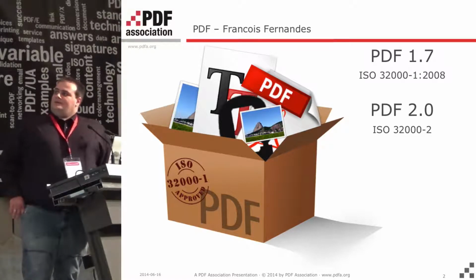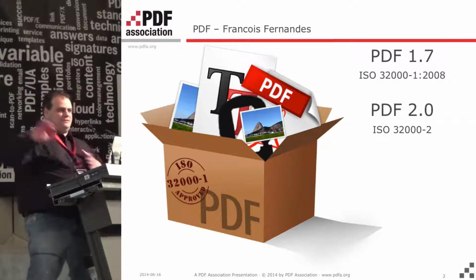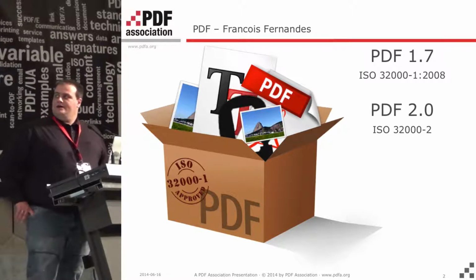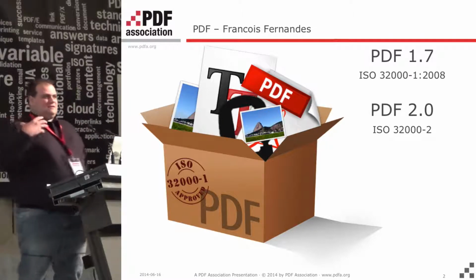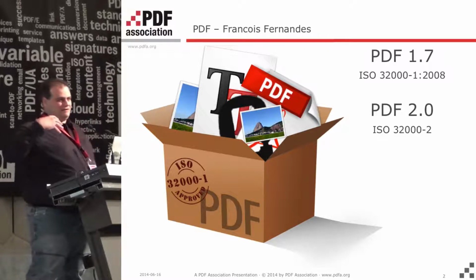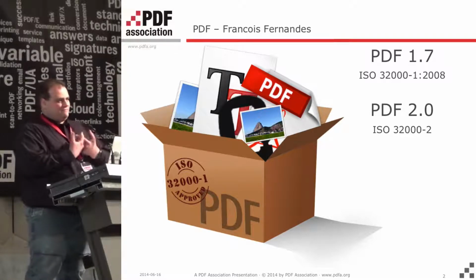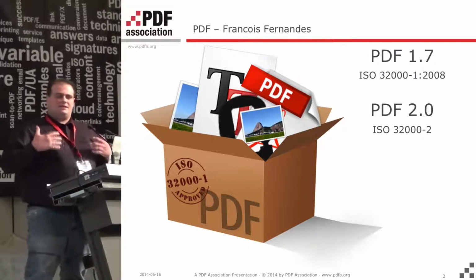And there are a lot of new things coming up. I will tell something about that later on in another session. But one thing that's not pretty much visible to most of us is what does that mean? What is that? The specification itself, what's inside?